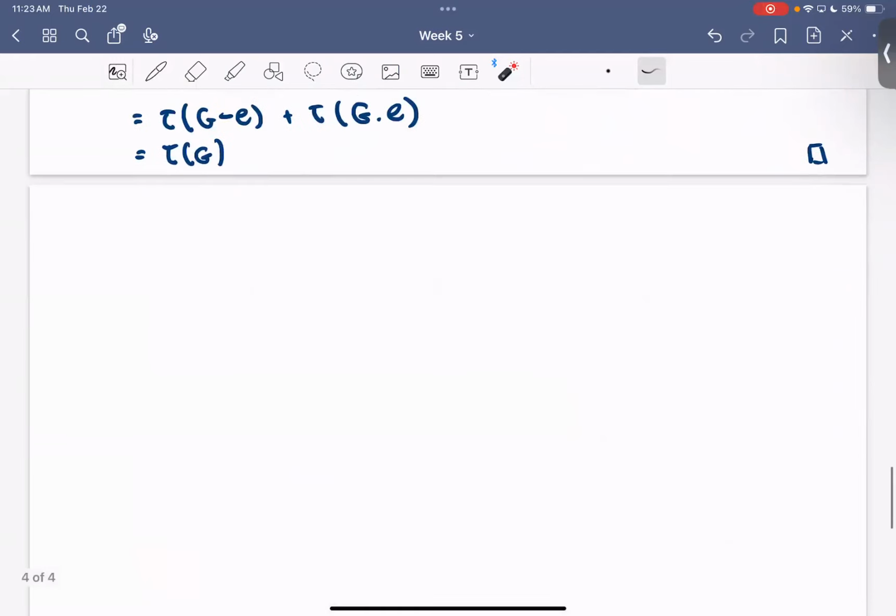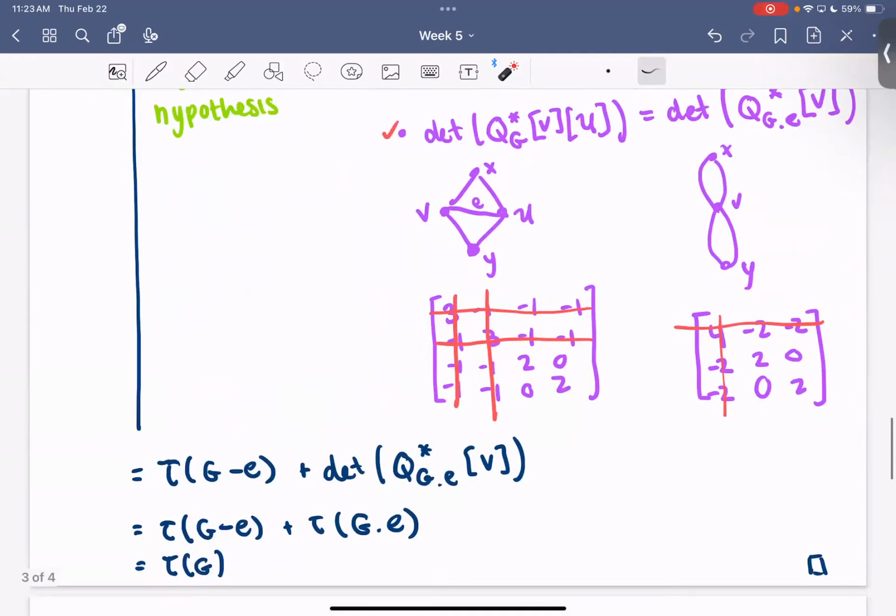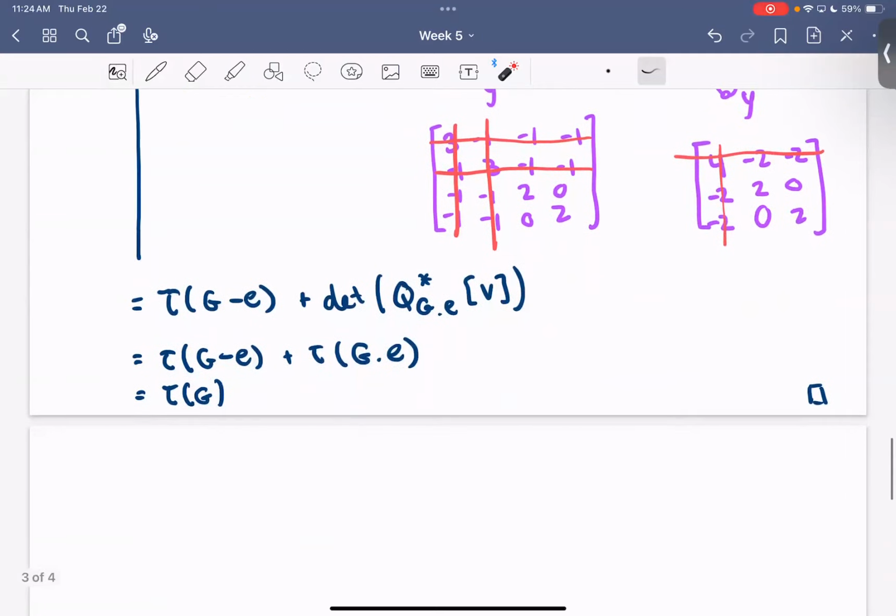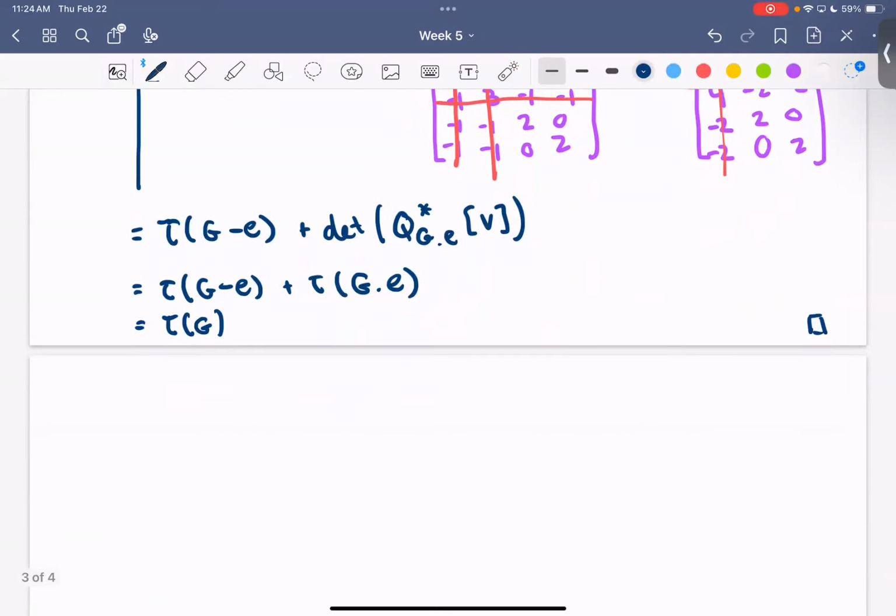One thing that you can do with this, for example, going back several lectures, we talked about Cayley's formula for the number of trees on n vertices. One thing that we could now do is reprove Cayley's formula using the matrix tree theorem by just looking at how many spanning trees there are of the complete graph. And that's a really good thing to work out. So this is an exercise.